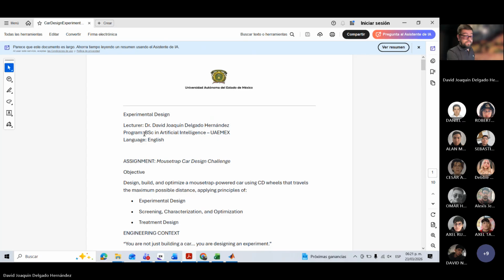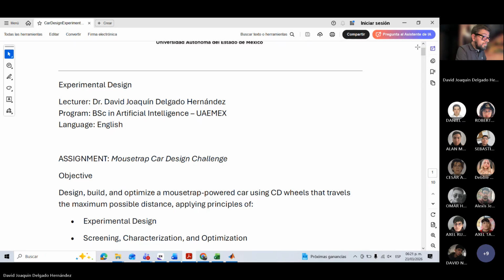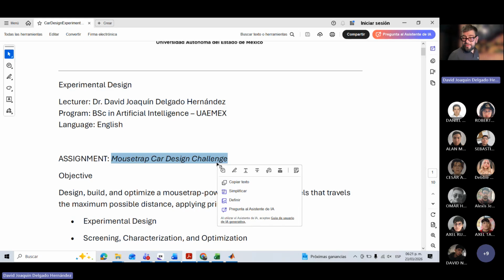So this is the activity. It is called Mousetrap Car Design Challenge. It is going to be a challenge for you.